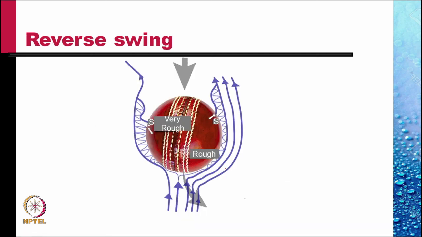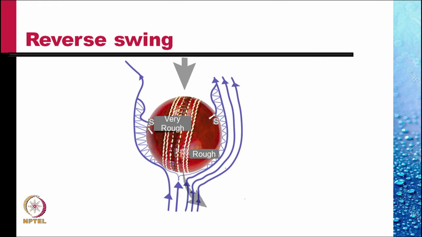Now let's look at the phenomenon of reverse swing. In this case, what we are talking about is the ball getting quite old.